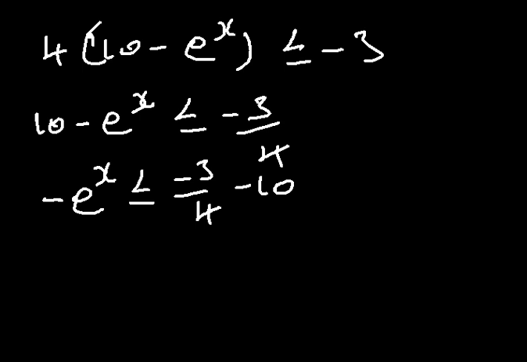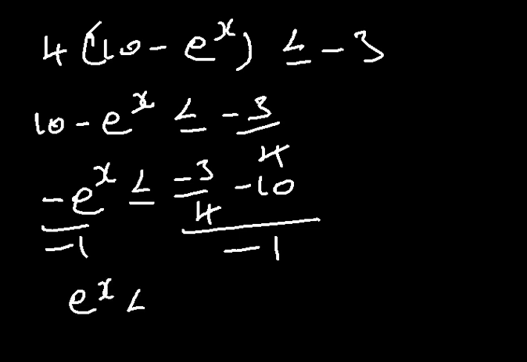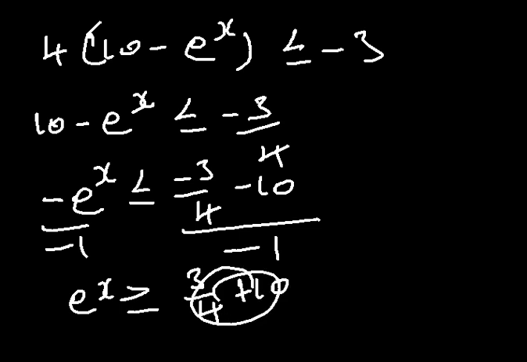Then we may think of having this as a single fraction. Then we divide both sides by -1, and this is the same as e to the power x, now greater than or equal to, because we are dividing by a negative number on both sides, 3 over 4 plus 10. So having this as a single fraction, we introduce ln on both sides.